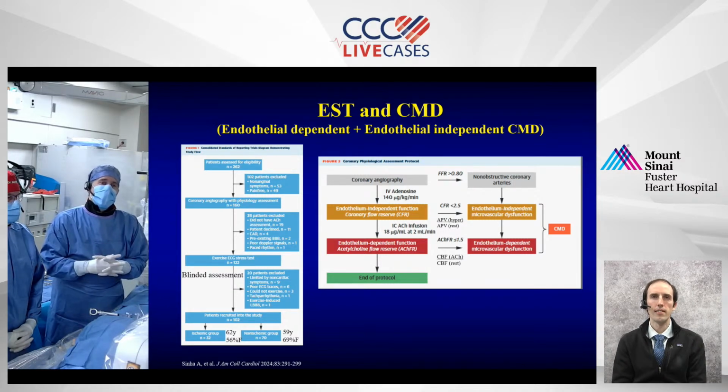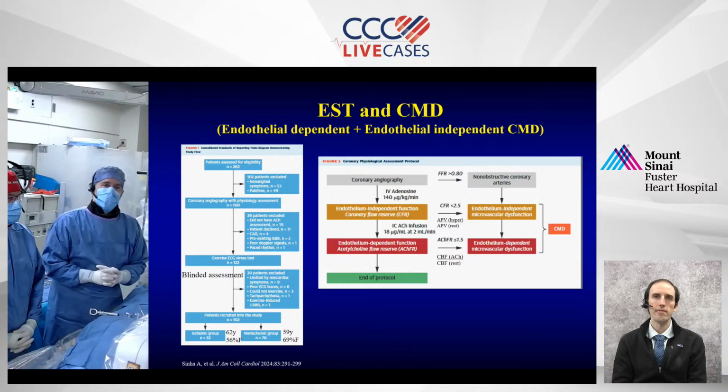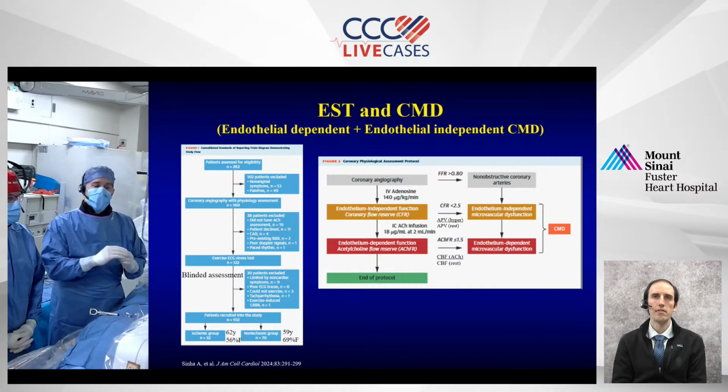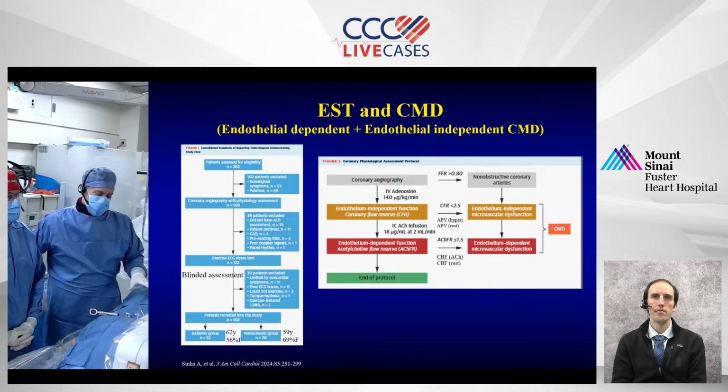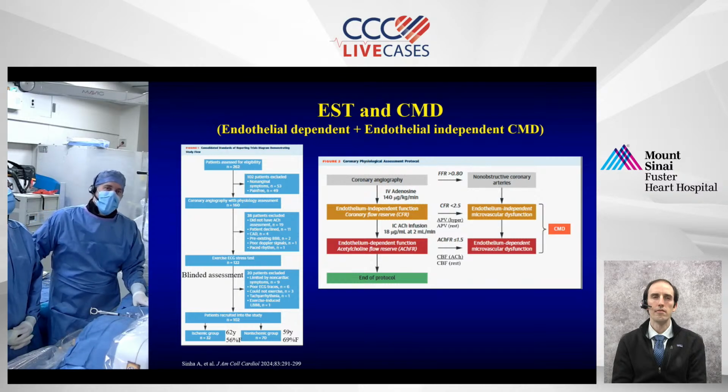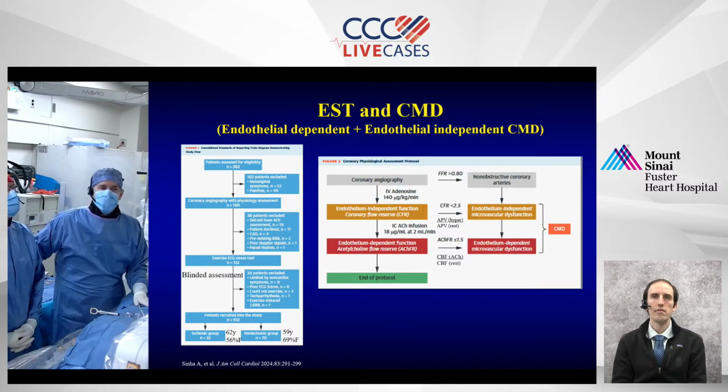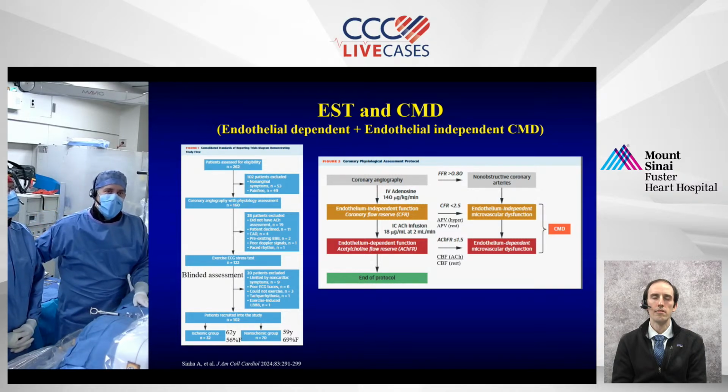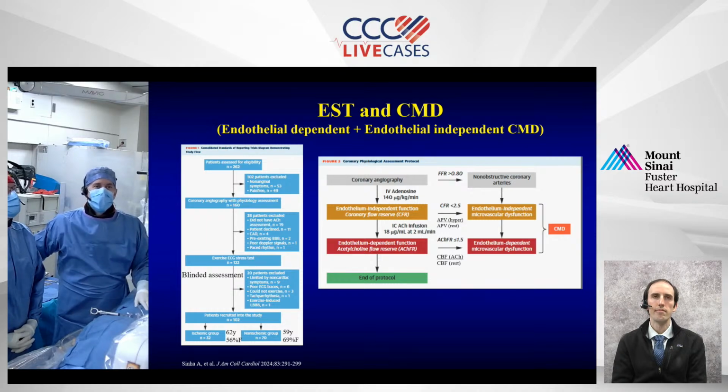They did this by doing an acetylcholine flow reserve, measuring the coronary blood flow at rest and then after administering acetylcholine, and calculating a flow reserve based on that. If the flow reserve was less than a certain value, I think 1.5, they were put into the trial.